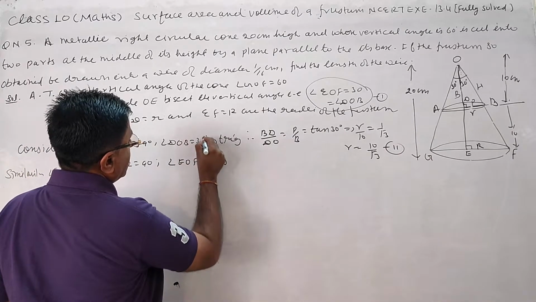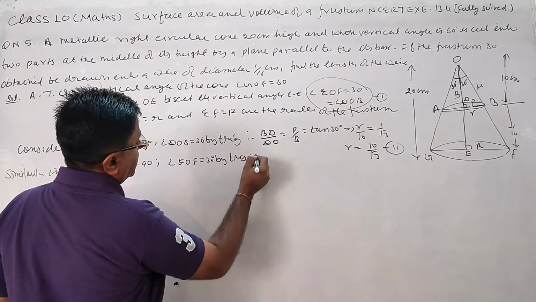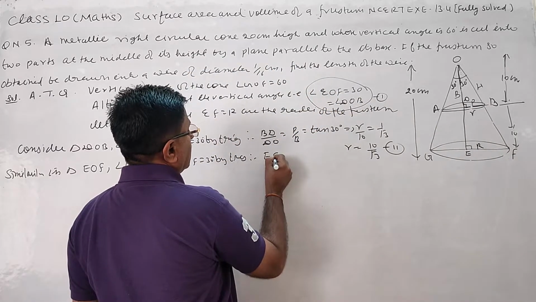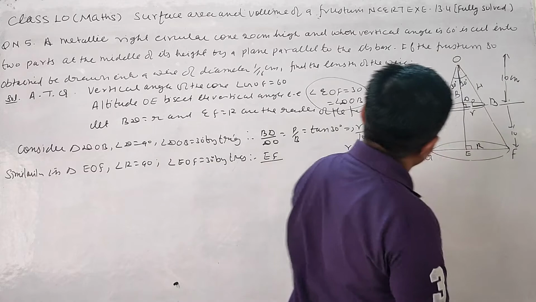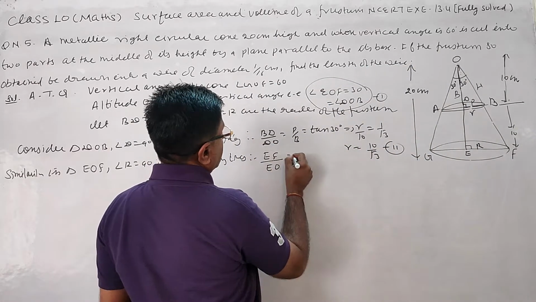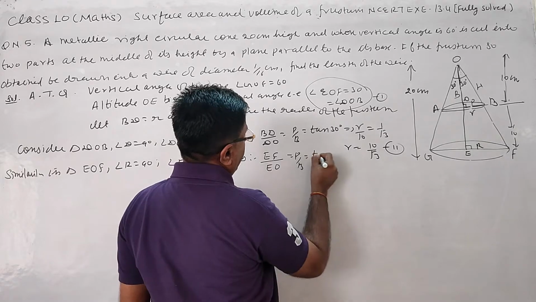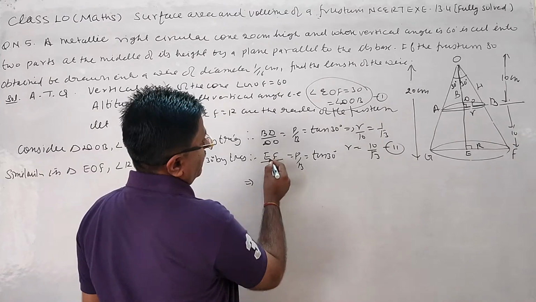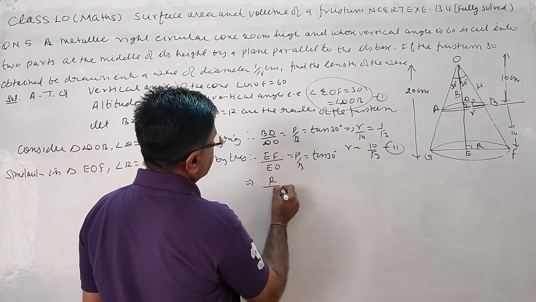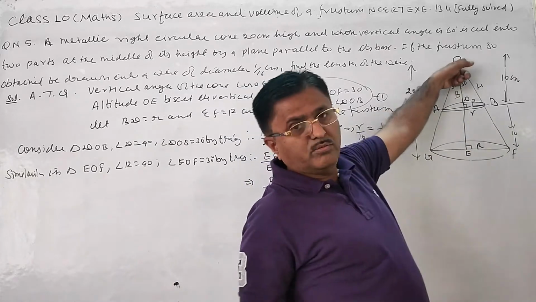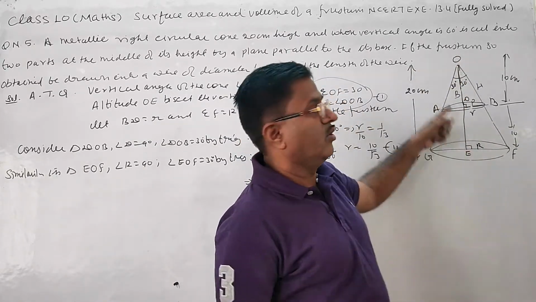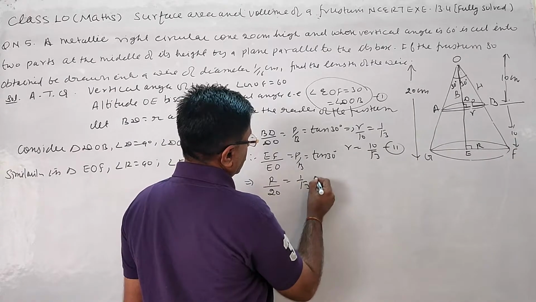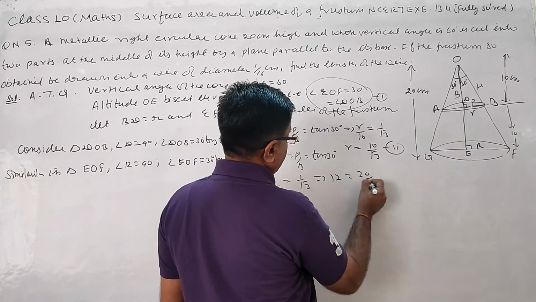So by trigonometry, the ratio of EF, the perpendicular, upon EO, the base, equal to tan 30. Here EF is capital R and EO is the total height of the cone, that is 20. So cross multiply, you get capital R.